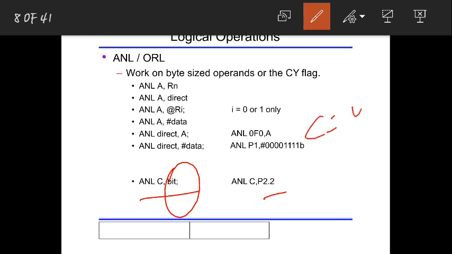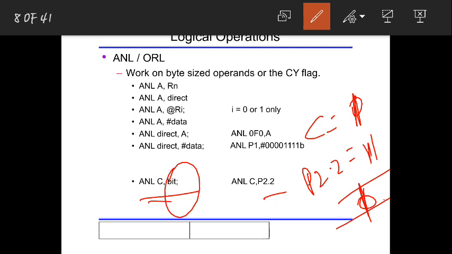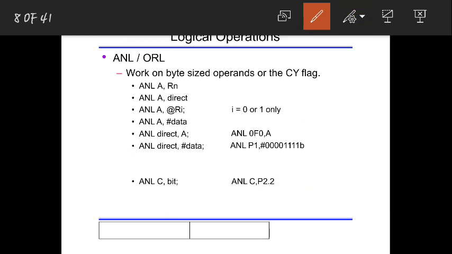If carry is equal to 0 and P2.2 has 1, then the result will be 0, which will be stored in carry itself. Okay, is that fine? 0 and 1. 0 AND anything is always 0. If you have 1 and 1, then the answer will be 1, which will be stored in the carry bit. In this way your single bit operations function.